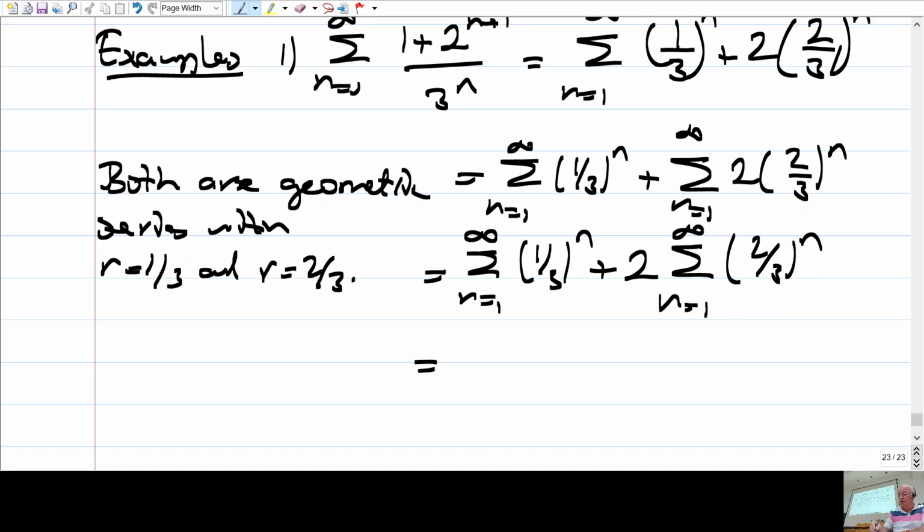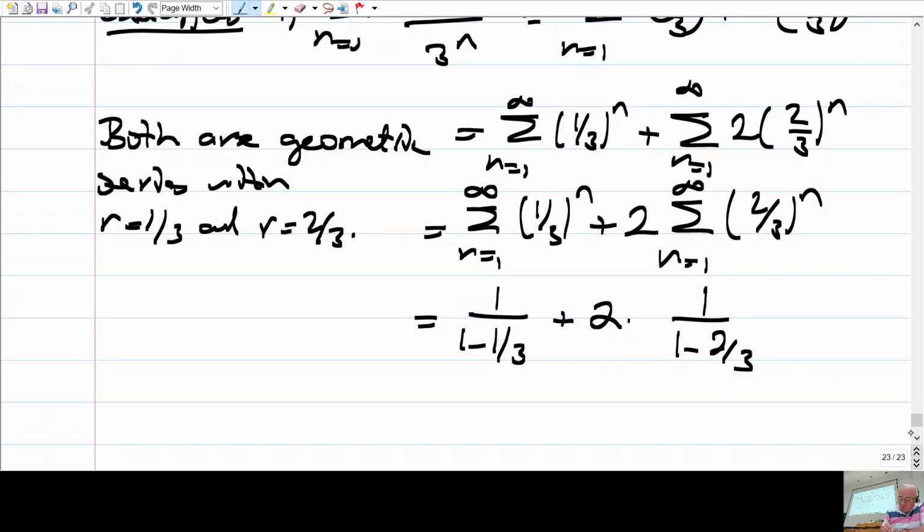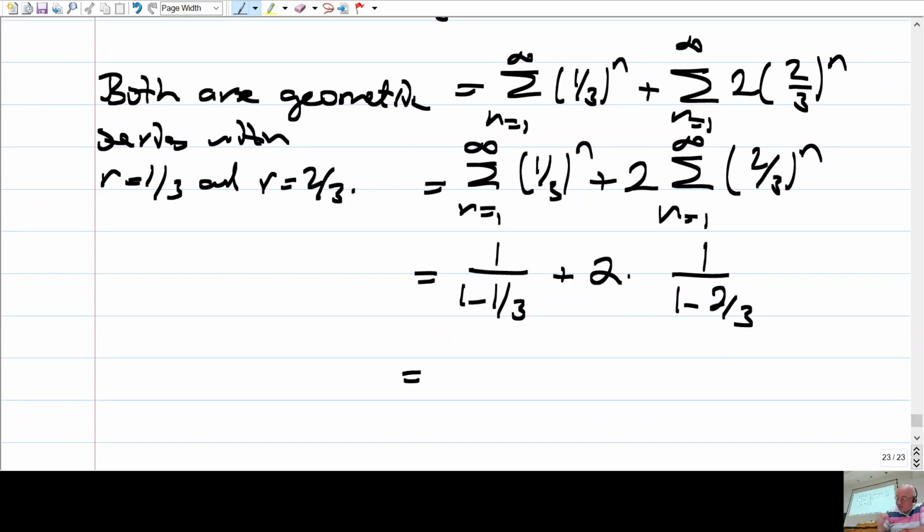Both of them are less than 1. Therefore, this is just 1 over 1 minus r plus 2 times 1 over 1 minus r. r here is 1 over 3, but here it's 2 over 3. So this is just 3 halves plus 2 times 3 over 1. So it is 6 and then 1.5 plus 6 is 7.5. So 15 over 2.